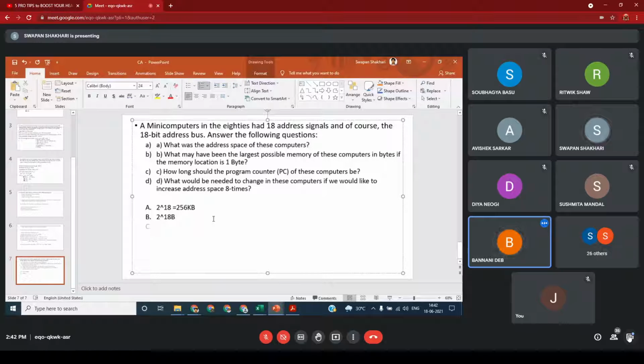Okay, 18 bit. Yeah. So in the program counter we will place the address of the next instruction. Essentially we are keeping an address. This computer uses 18 signals to generate an address, so the program counter length will be simply 18 bits.